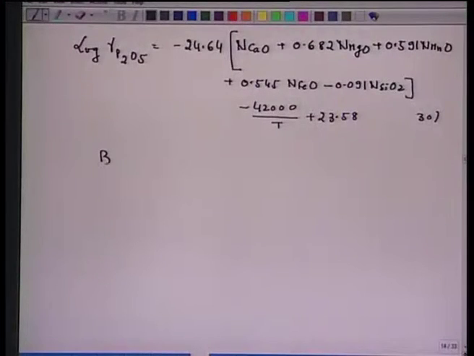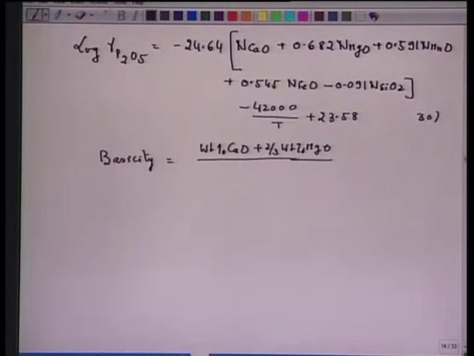So in relation to this, basicity can be defined as equal to wt% CaO plus 2/3 wt% MgO upon wt% SiO2 plus wt% P2O5, and this is equation number 31.